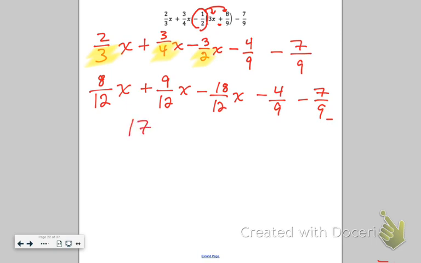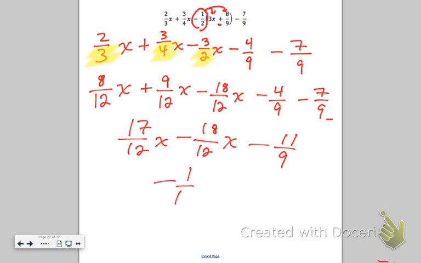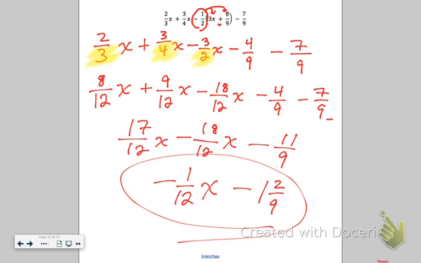So I have a 17/12 x minus an 18/12 x, and -4/9 and -7/9 together give me -11/9. We still have a little bit of work to do. I have 17/12 minus 18/12, which is -1/12 x. And instead of -11/9, I'm going to write -1 2/9. That's it. That's standard form there.